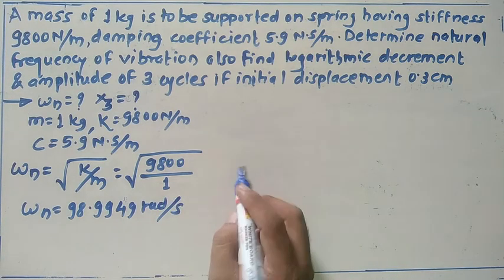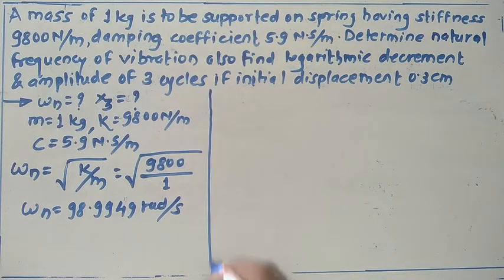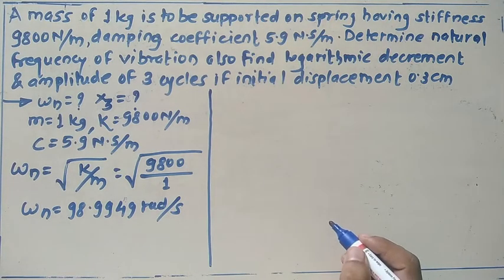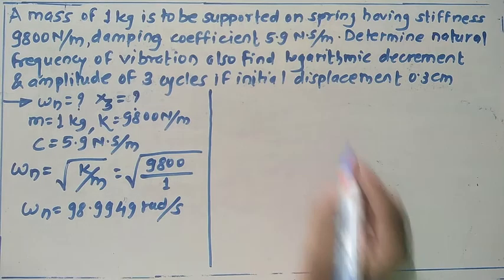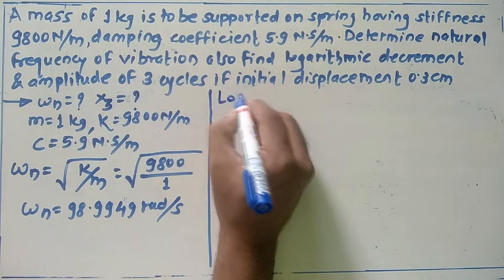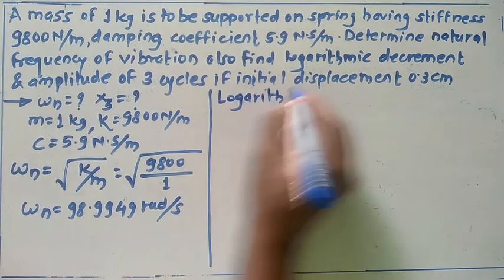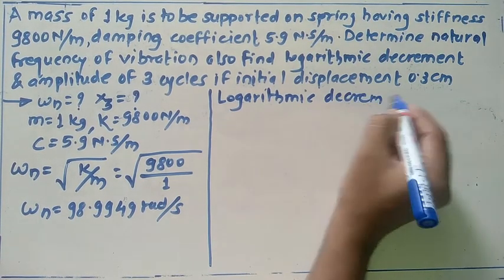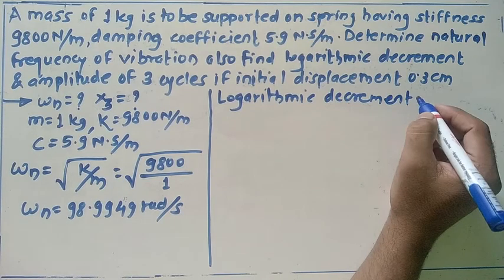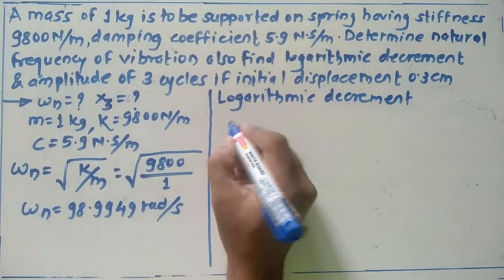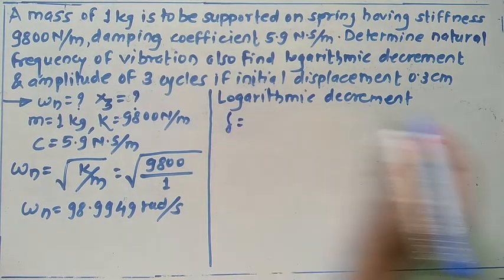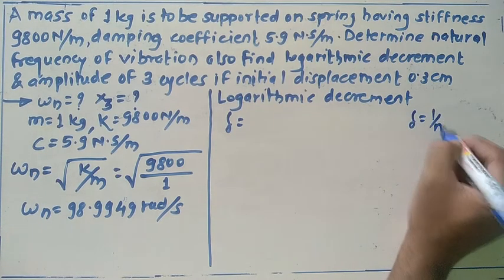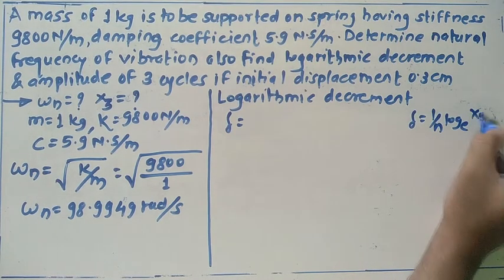Now the next target is to get the value of the logarithmic decrement. We know the relation: in the previous problem, the logarithmic decrement delta is 1 upon n times log to the base e of x naught divided by x n.